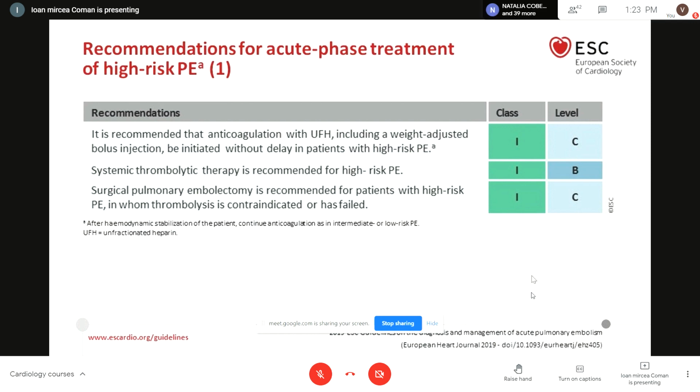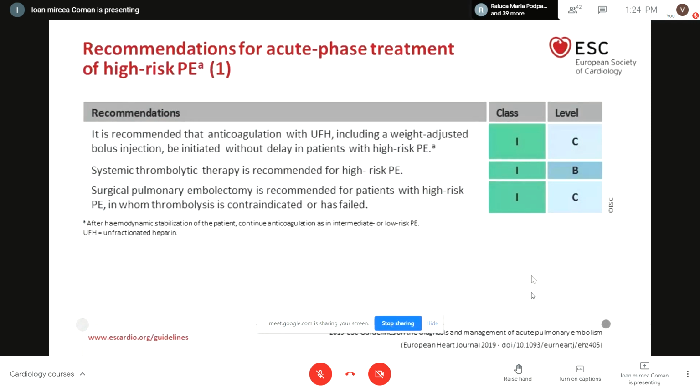If you have a very, let's say, big clot, very proximal, for example, occluding the bifurcation of the main pulmonary artery, and you have a surgical team available, then yes, you could have a surgical pulmonary embolectomy.